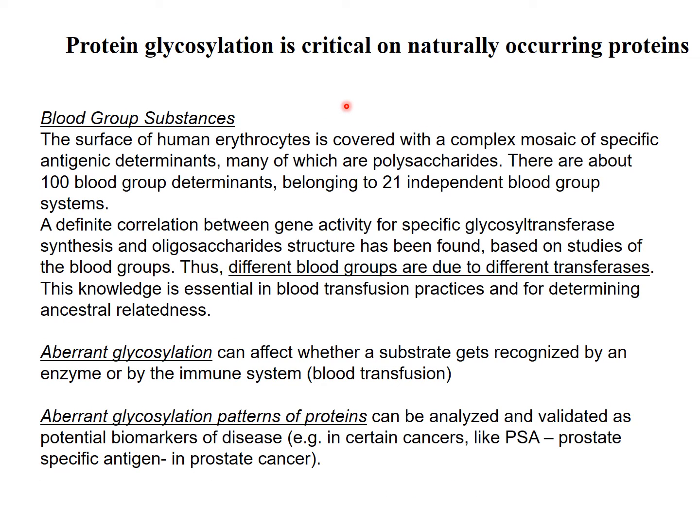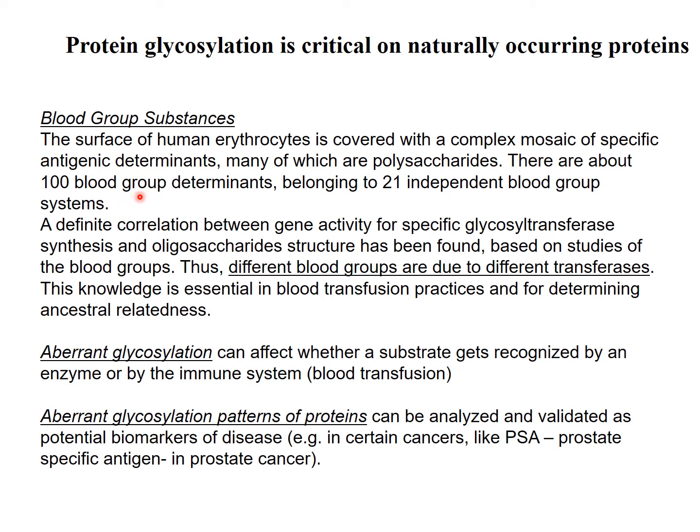I want to remind you of one very important glycosylation and difference of proteins that you already learned in the HDHR block. And these are the so-called blood group substances. The blood group substances are nothing else but decorating the surface of the erythrocyte, the red blood cells, with specific antigen determinants, with specific glycosylation patterns.